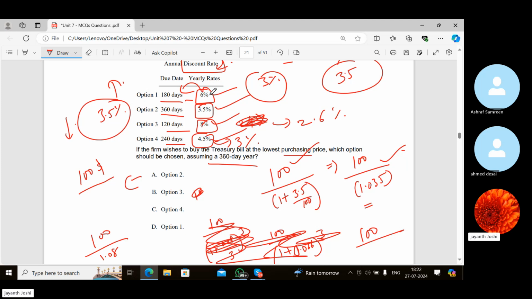Find out the rates. Here I am getting 3%. It is a yearly rate, so if it is 180 days, I need to halve it. If it is 120 days, I need to divide by 3. If it is 240 days, I need to check 240 by 360, which is 0.66, times 4.5. That comes to around 3%. So first one 3%, 3%, 2.6, 3.5. The highest discount rate is this. When the discount factor is highest, there is more discounting and the lowest price. So option 2 is the answer.